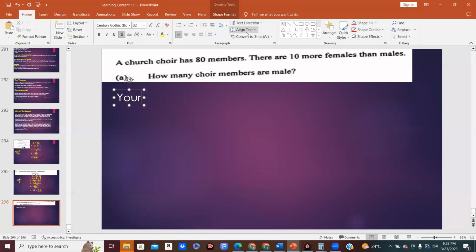So for this one, I'll use algebra to solve it. We don't know how many males there are, right? So we can let x be the number of males, because we don't know what that is.